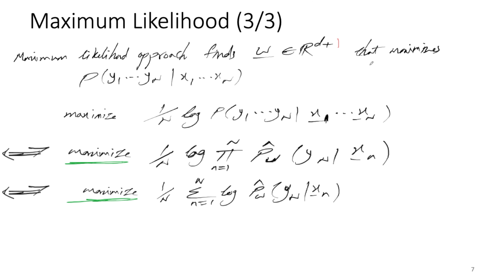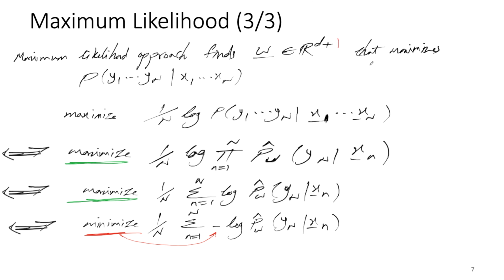So we can change the product to a summation here. And then remember, we are still in the maximization problem. When we maximize something, the negative of that is going to be the minimization problem. So if we add a minus before the log here, the maximization problem changes to minimization.